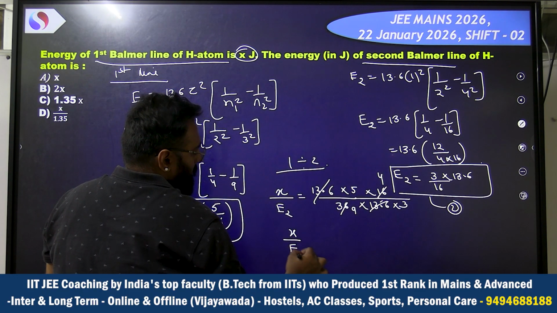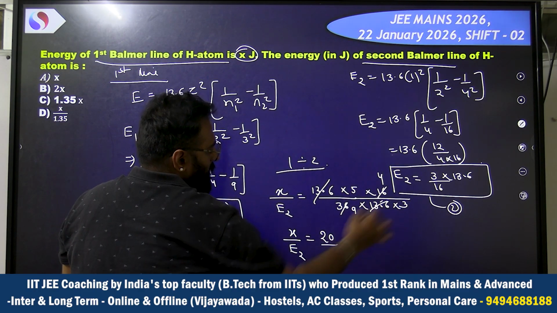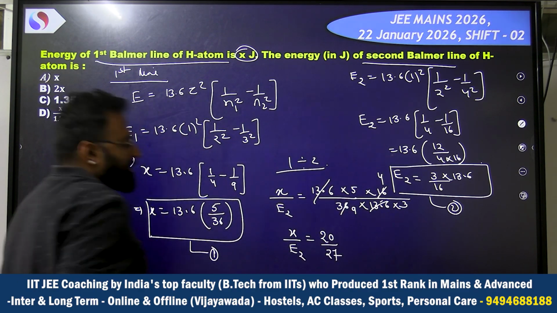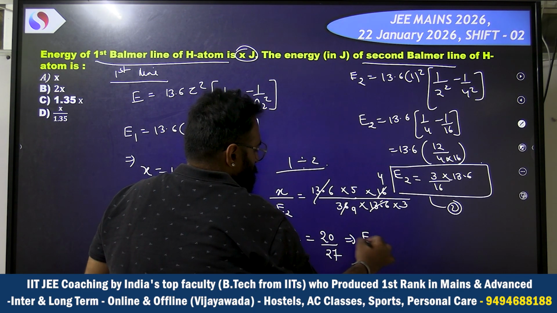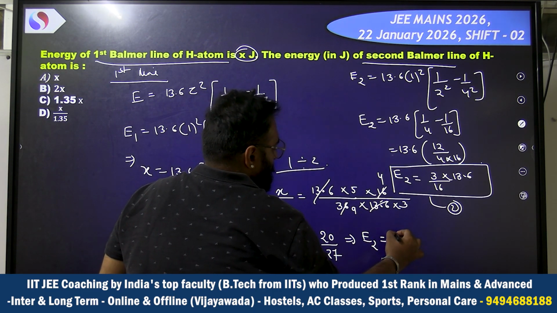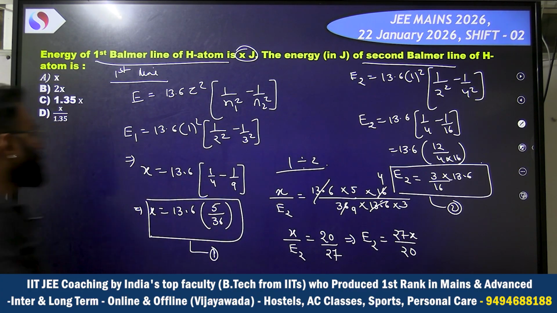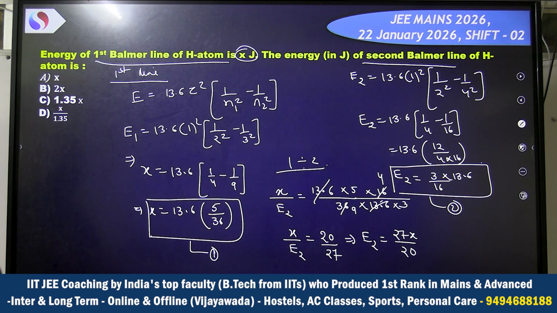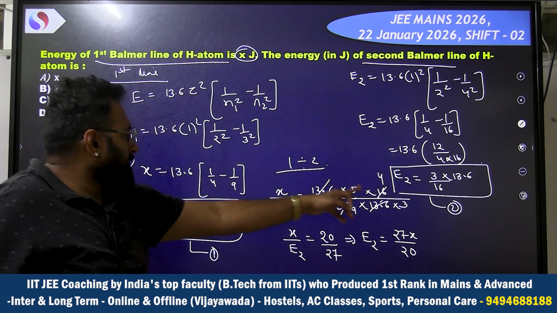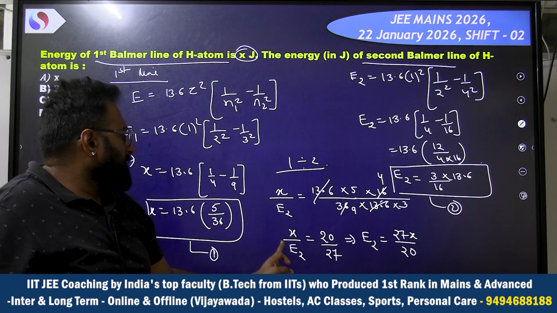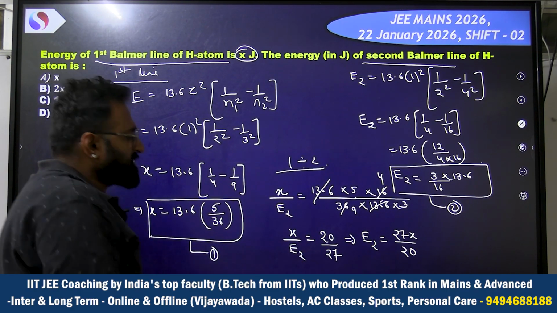So X by E2 is equal to 5 4s are 20 and 27. We need to find E2. So E2 will be 27x by 20. That is how it will be, right? We need to find E2, 27x by 20.